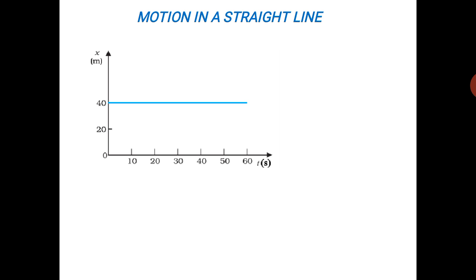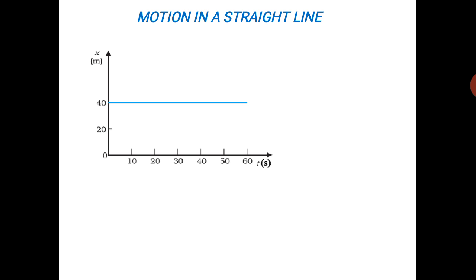After 10 seconds, its position is 40. After 20 seconds, the position is also the same. So by joining all the points, we get a straight line which is parallel to the time axis.